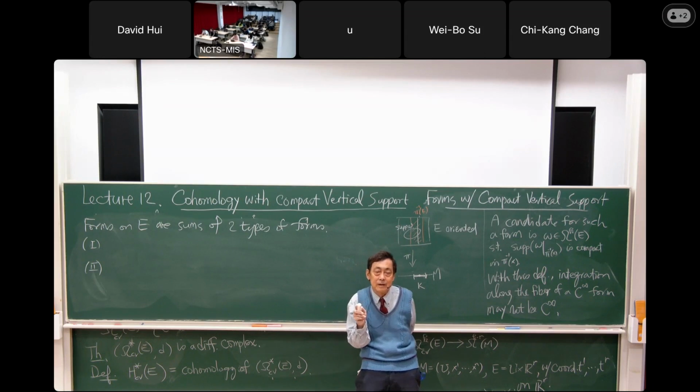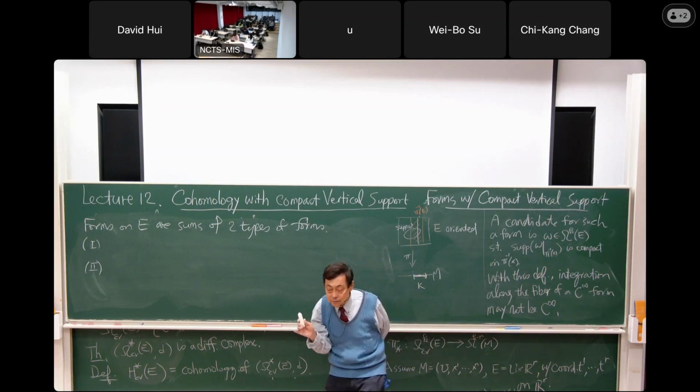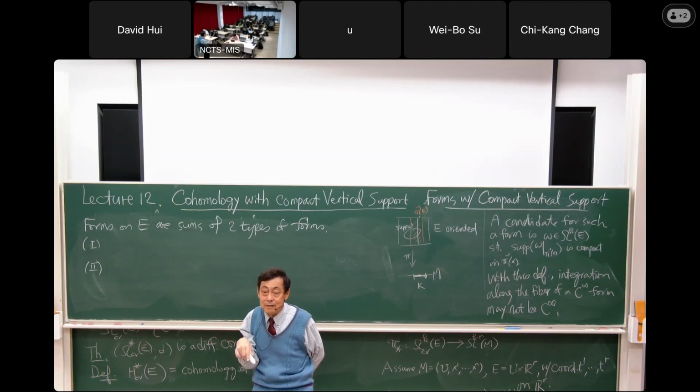Type 2 will give you something non-zero when you integrate with respect to T. So a type 2 form should have what in it, so that when you integrate with respect to the T's, you can get something that's not zero?